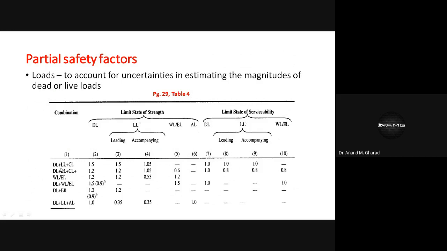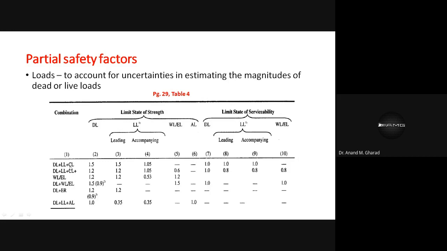Dead load plus live load plus crane load. These crane loads are used whenever there are multi-storied structures wherein you are supposed to make use of a crane for some erection process.